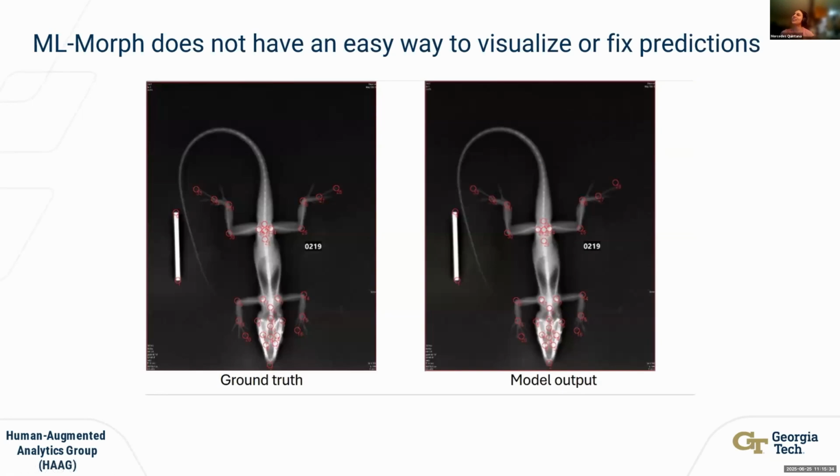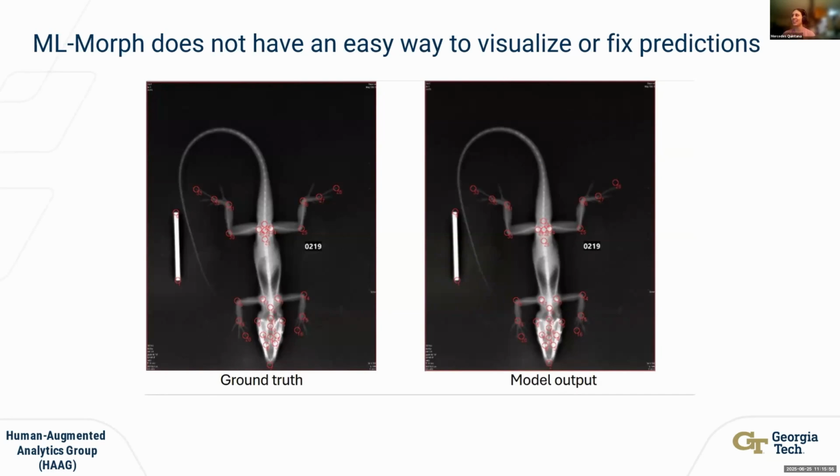One of the issues with ML Morph is it doesn't have an easy way to visualize or fix predictions. Here is the default way that ML Morph will show you how the model is doing. This is really nice for getting a model that will give you reasonable landmarks.